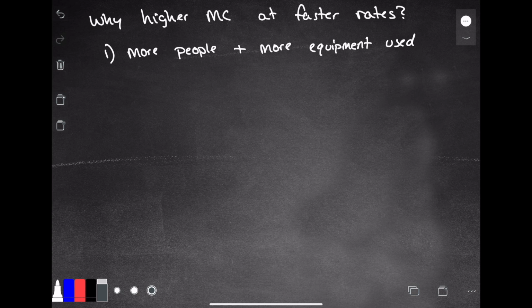However, they're still worth hiring because they increase the rate of production. They just cost more per unit produced because they're not as productive as your main team or your main set of equipment. The second is a standard thing in economics called diminishing marginal returns.